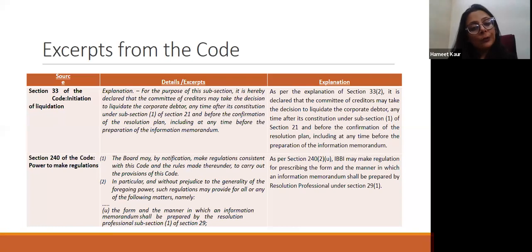Section 240 of the code gives some powers to IBBI to make regulations. The board may by notification make regulations consistent with this code and the rules made thereunder to carry out the provisions of this code. In particular and without prejudice to the generality of foregoing powers, such regulations may provide for all or any of the following matters, under subclause U, the form and manner in which an information memorandum shall be prepared by the RP under subsection 1 of section 29.